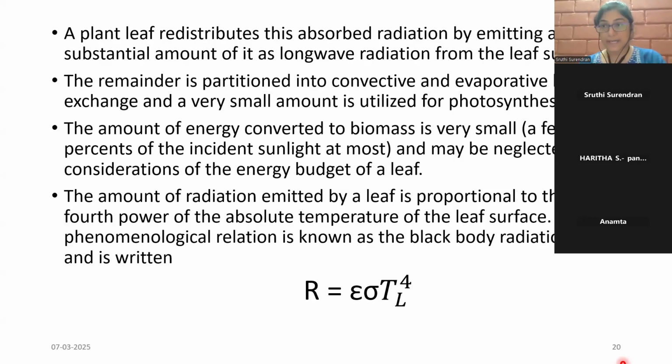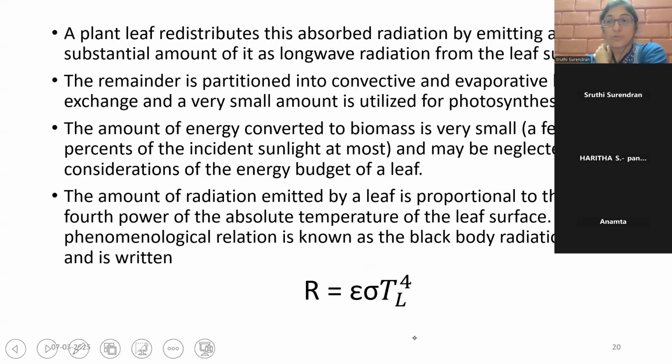Now, the amount of radiation that is emitted by a leaf is proportional to the fourth power of its temperature in Kelvin. Now, this equation we are all familiar with. It is the equation for black body radiation, where this is the emissivity factor, this is the Stefan-Boltzmann constant, and this is the temperature.